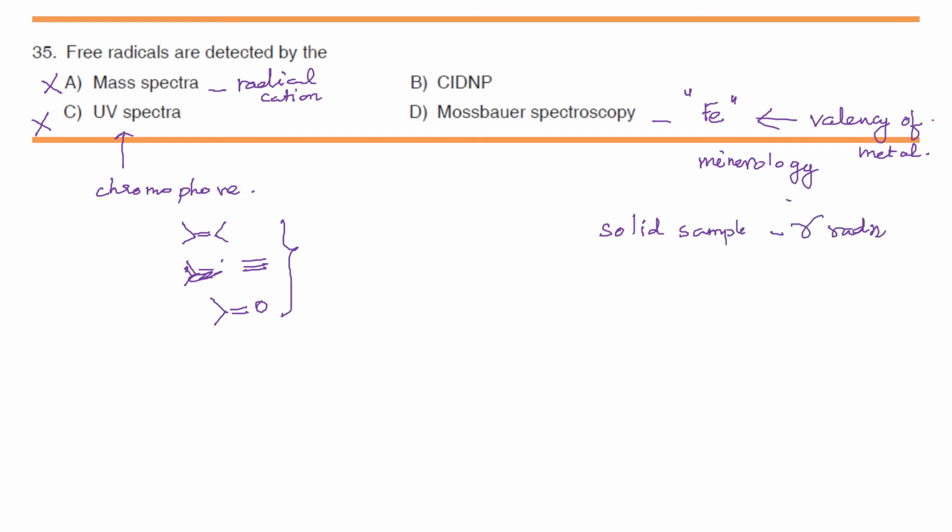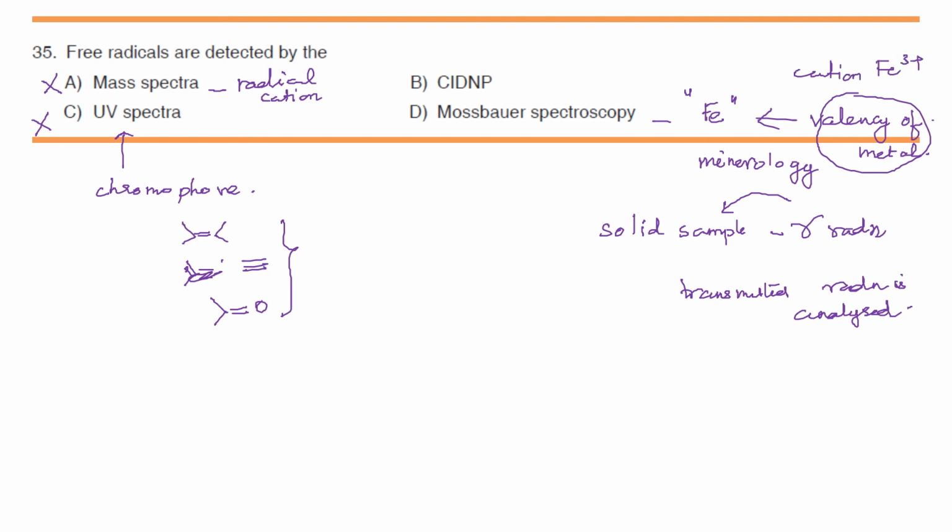You will be passing gamma radiation through the sample, and then the amount of radiation transmitted is analyzed. Since it is mainly involved in determining the valency of the metal, it mostly involves the cation, we can say Fe3+ or Fe2+, etc. So you can also rule out the possibility for Mossbauer spectra.